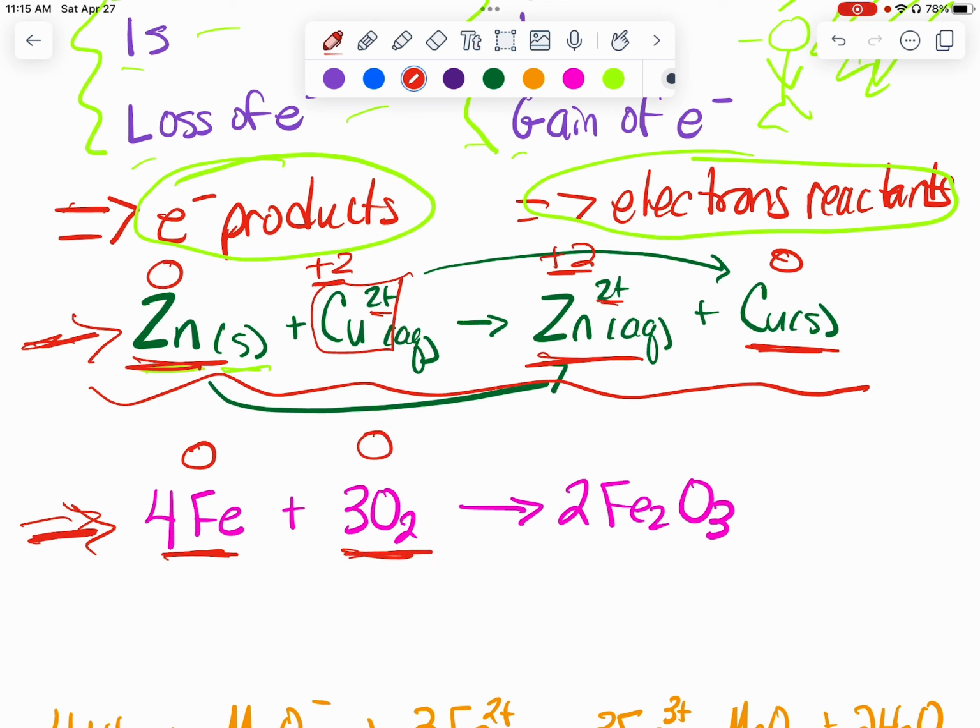It gets a 0. Now, you guys know that anytime you have a compound, one side is positive and one side is negative. Clearly, iron and oxygen have to have a charge on this side. So another easy way to see redox, besides the obvious like, oh, it has no charge, now it has a charge, is this. When they are alone, and then when suddenly they have a partner, you're going to see a change in the charge.